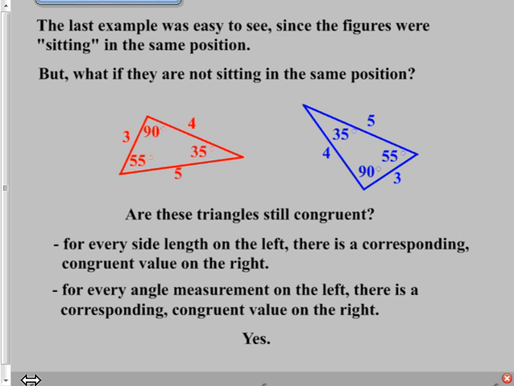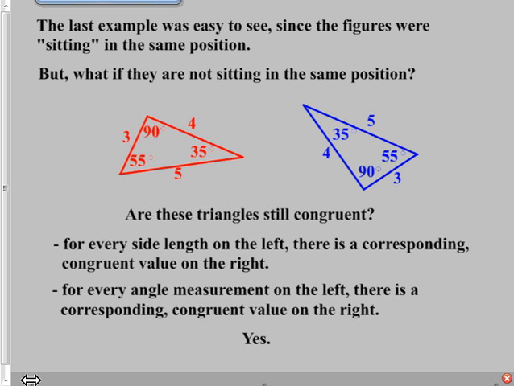Okay, I did this basically to prove one simple point. You cannot get in the habit of just saying the left side from one figure is going to correspond to the left side from a figure on the right, or top corresponds to top, or bottom corresponds to bottom.